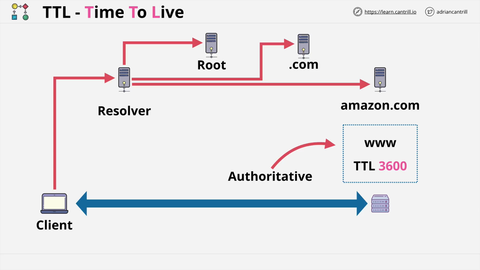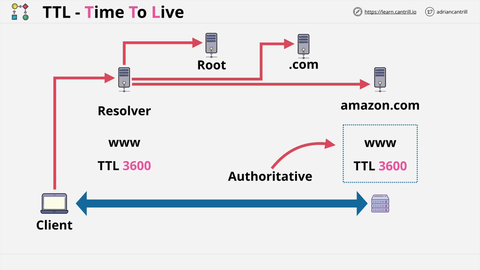But using TTL values, the administrator of Amazon.com can indicate to others how long records can be cached for, what amount of time is appropriate. In this example, because the admin of Amazon.com has set a 3,600 TTL value, which is in seconds, it means that the results of the query are stored at the resolver server for 3,600 seconds, which is 1 hour.